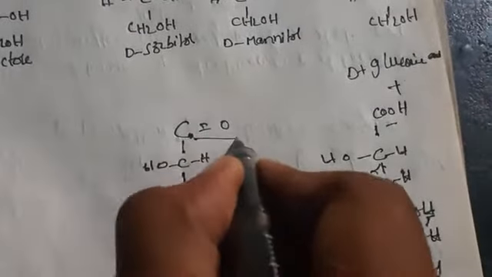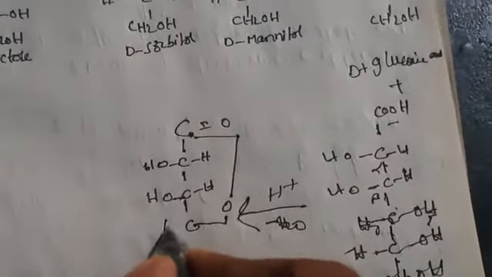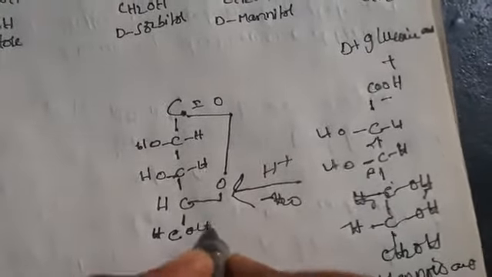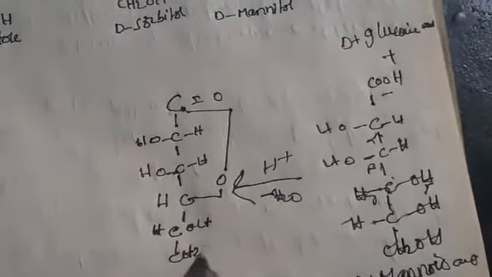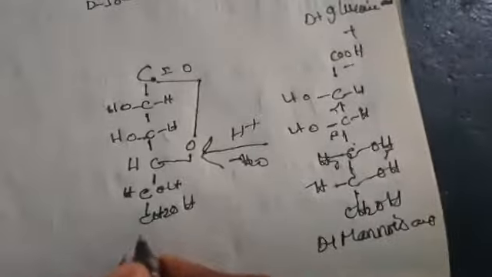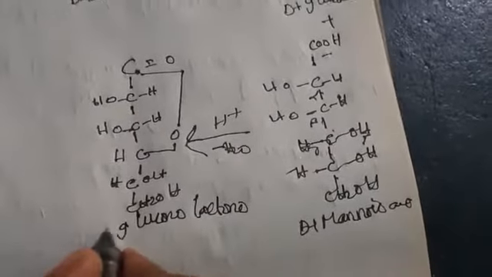So you will be getting a bond here with O connected, H, CHOH, CH2OH. This is for the first molecule, that is gamma D-gluconolactone.